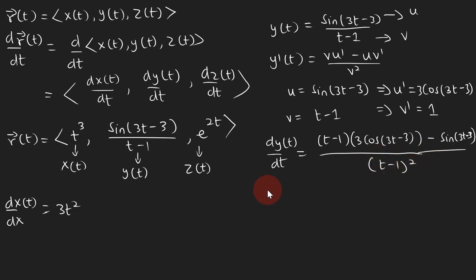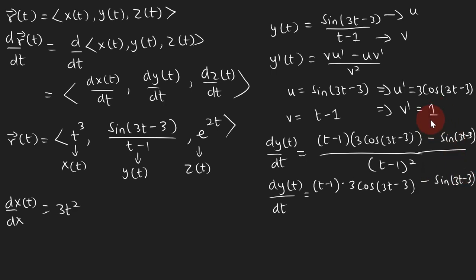So let me write this here. I'm going to have dy/dt equal to t minus 1, multiplying 3 cosine of 3t minus 3. I think I should take out these brackets. Let's just make this multiplying 3 cosine of 3t minus 3, and then minus sine of 3t minus 3.